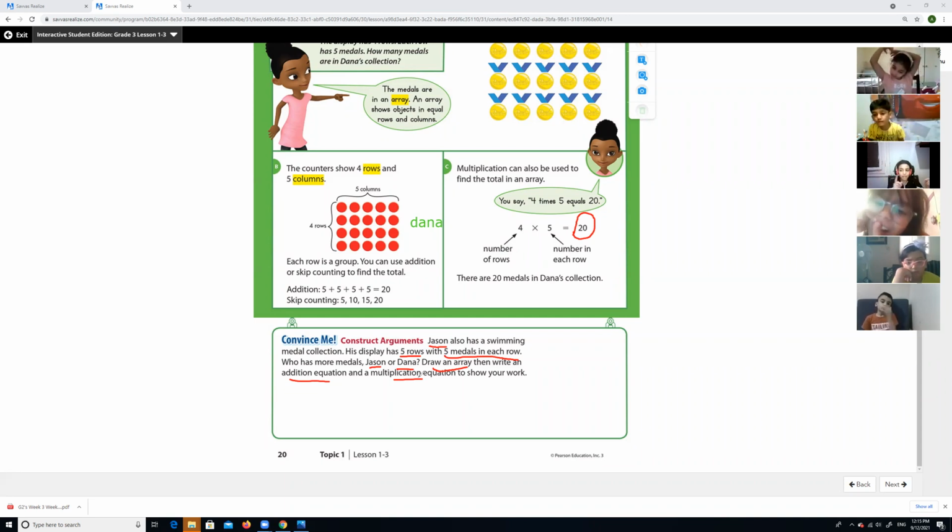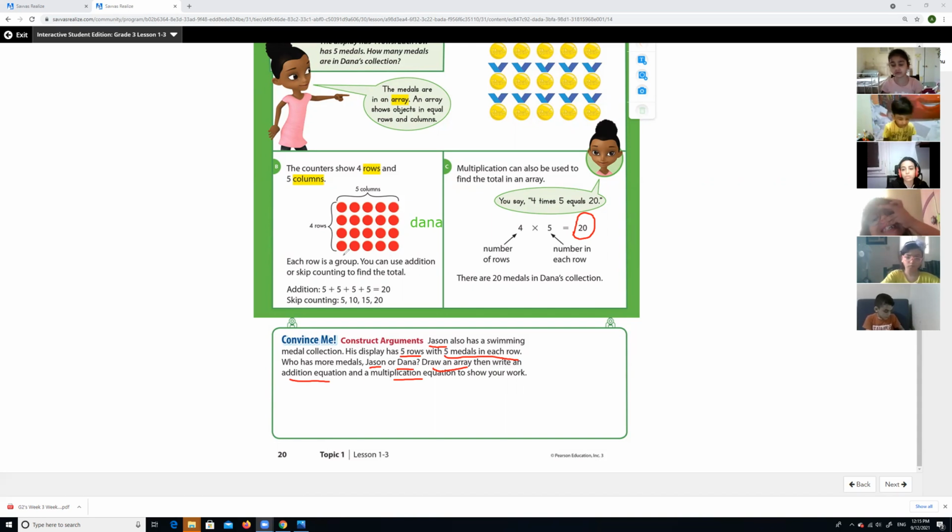So I have to answer all the questions, okay? I have to read all the problem. You can underline the questions so you don't forget. Draw array, write addition equation, multiplication equation, and write who has more, Jason or Dana.